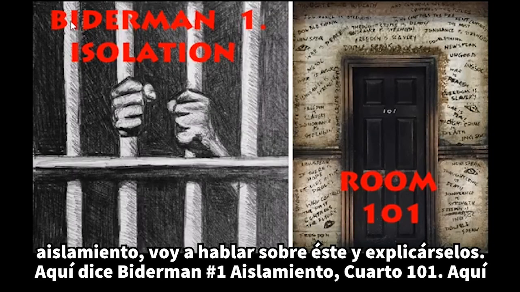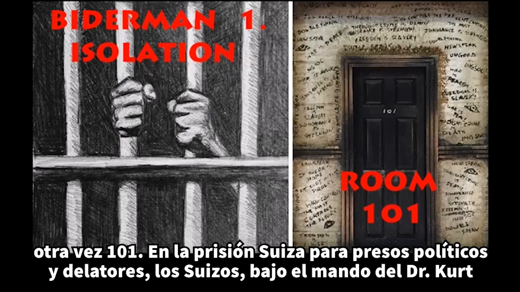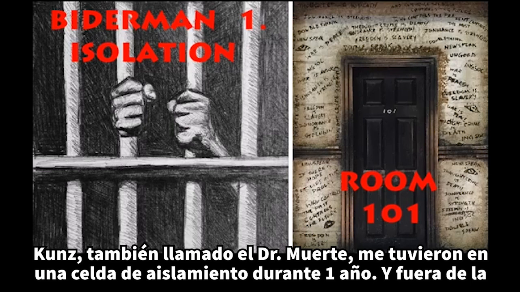So here it says Biderman number 1, isolation, room 101. And here's again 101. So in the Swiss prison for political prisoners and whistleblowers, the Swissies under Dr. Kurt Kunz, also called Dr. Death, held me in an isolation cell for 1 year.